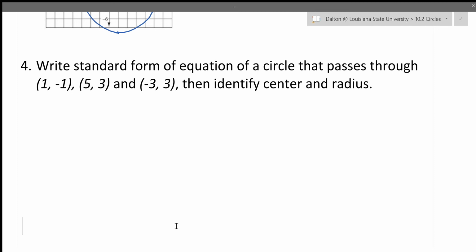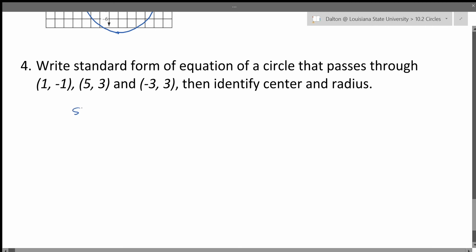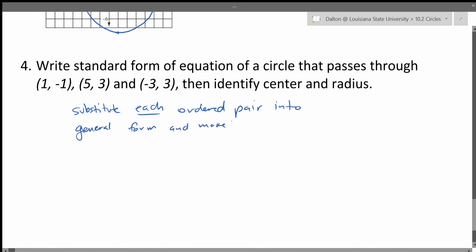So the idea, what you need to do to solve this kind of question, is we're going to substitute each ordered pair into general form, and we're going to make a system of 3 equations. Okay, so we're going to substitute each ordered pair into general form.